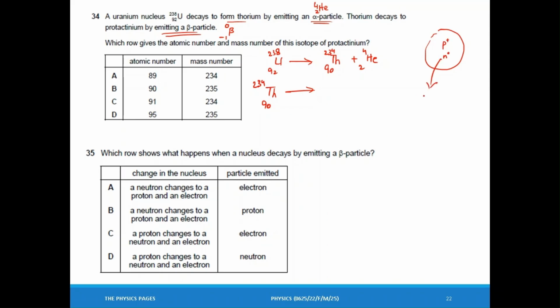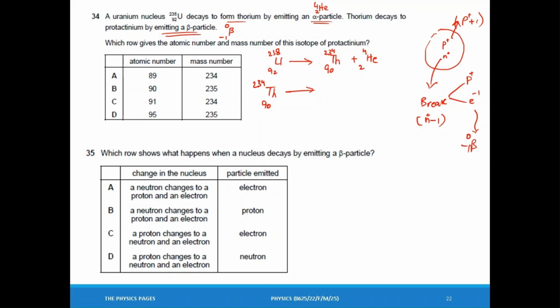Whenever a neutron breaks, the number of neutrons decreases by one, but it produces a proton and electron pair. The proton number increases by 1 and this electron is released as a beta particle or beta negative particle.